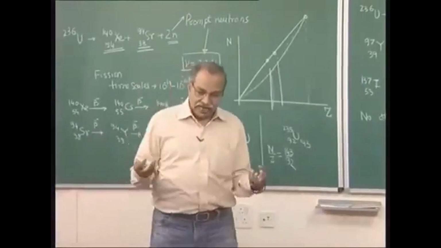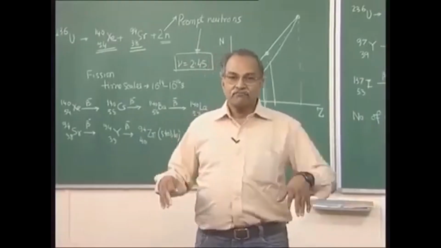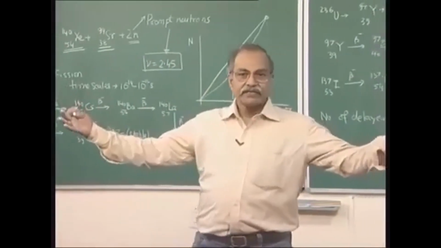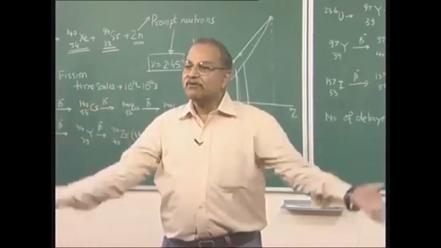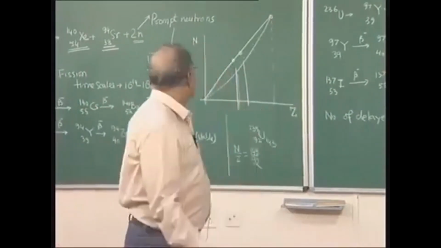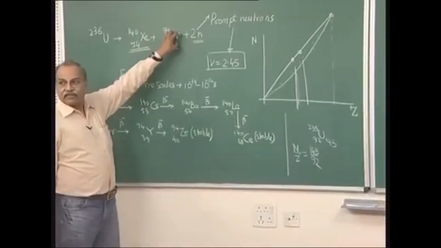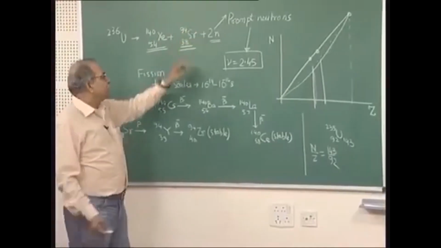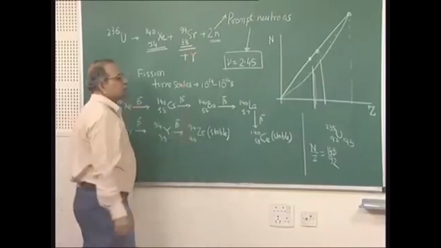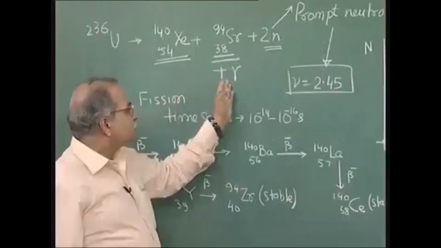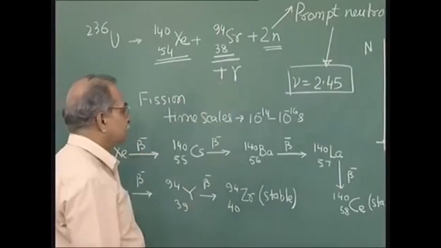These fragments which are created are not only neutron rich, they are also in a high energy state. So they immediately give off some gamma rays.